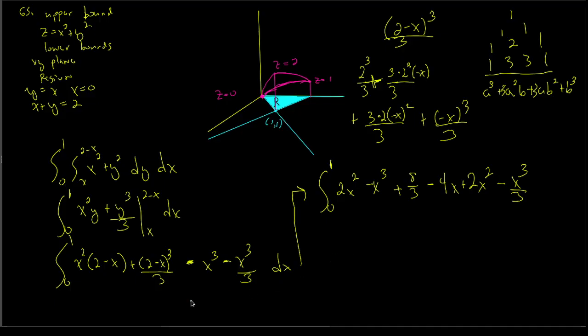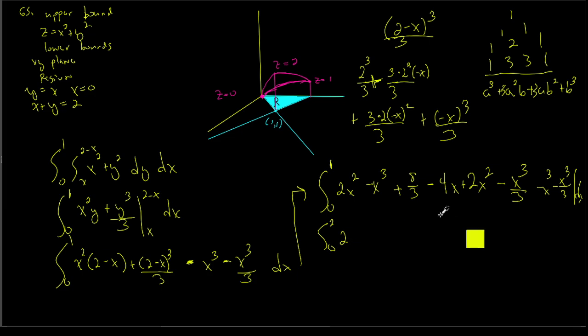All right, so that's this part coming out, then minus x cubed and minus x cubed over 3. Oh, a lot of x cubes in there, huh? So let's see. 2x squared minus x cubed, so that's minus 2x cubed. Plus 2x squared, that's 4x squared.